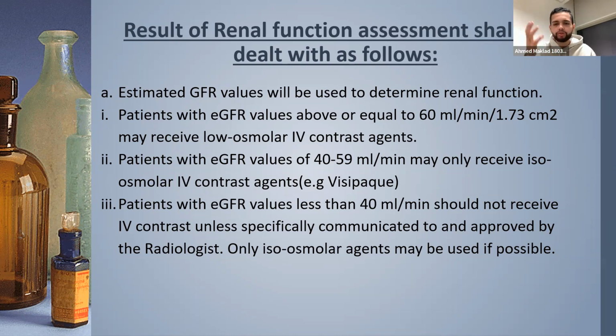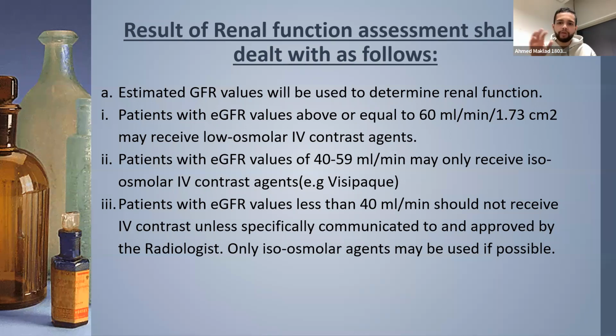You don't usually use IV contrast in brain bleeds, but for example, this is a serious situation, an emergency that, if not diagnosed, can lead to death. In this case, the benefits of the IV contrast outweigh the harms of the IV contrast on the kidney. So you go ahead and do it.